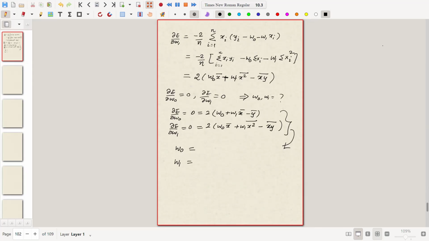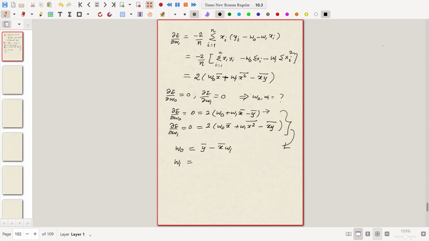I'm very sure that you can easily get, from the first equation only, can you see that W0 is y bar minus w1 x bar? Then only you need to find what is W1 from the second equation.